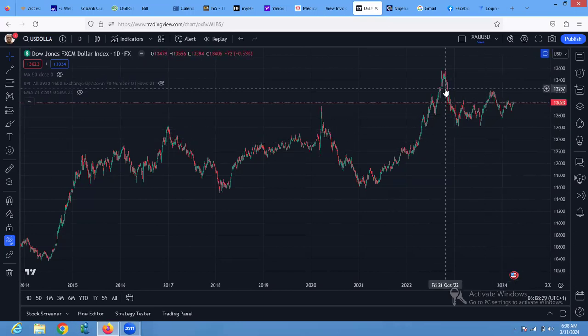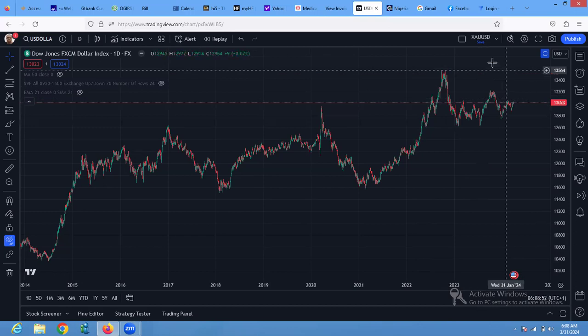Now, let me go back here, within this area, and that is where we are now. For this structure, when you understand what structure is all about, the corrective structures and the trend, the corrective structure in this regard is yet to be completed. This will not just come down here and bounce up to break the top.